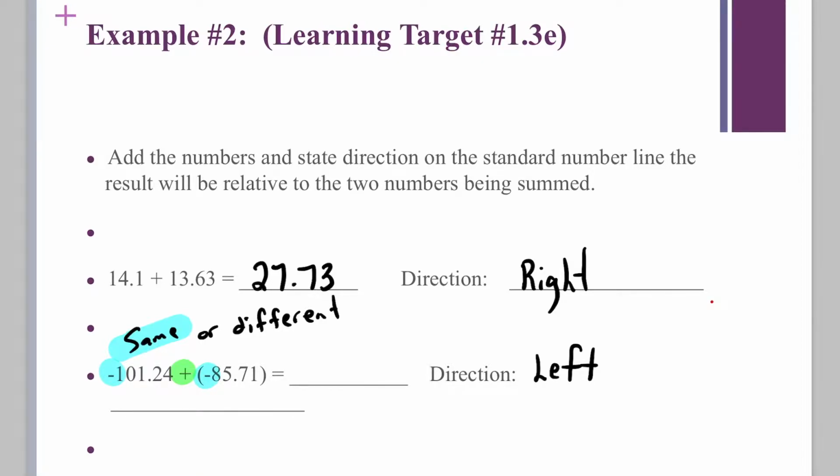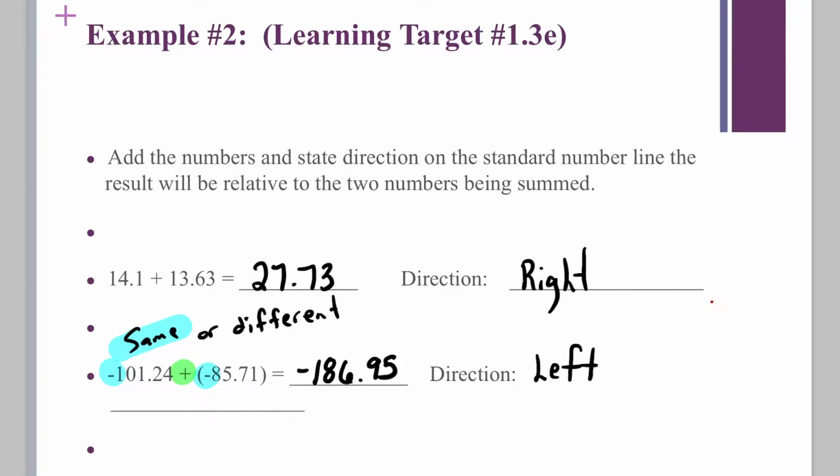To double check ourselves, we add the negatives together, and the result in this case will be negative 186.95, which is a smaller number than either of those. As we move to the left on the standard number line, the numbers decrease in value. And so we are correct once again.